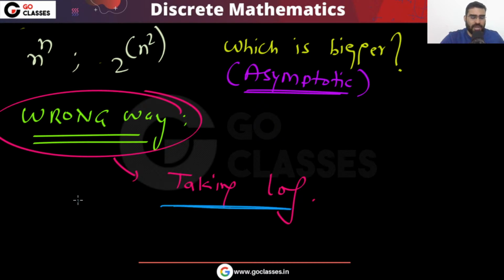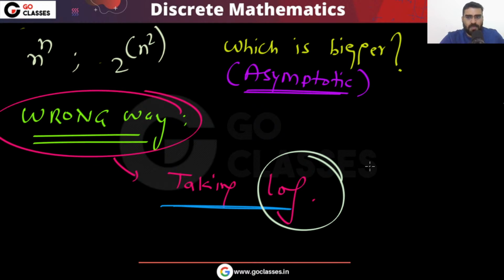I will not go into all the details, but this logarithm is a monotonic function, a monotonically increasing function.